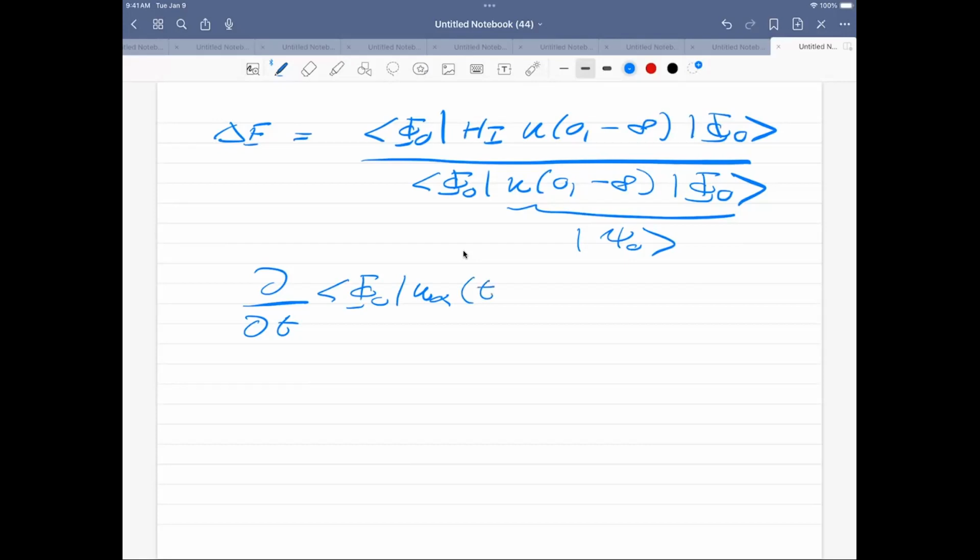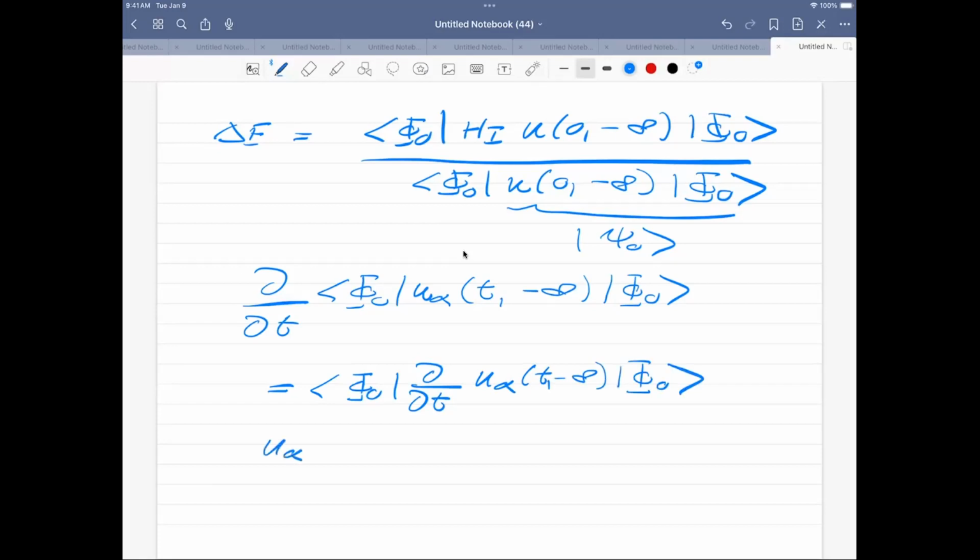So I have t of minus infinity of phi 0. This is something which I can rewrite as, since phi 0 does not depend on time, d/dt, and then I have my u of alpha of t minus infinity acting on phi 0.